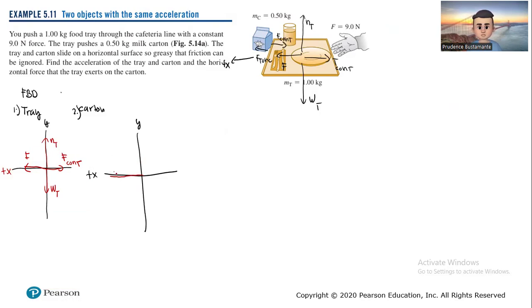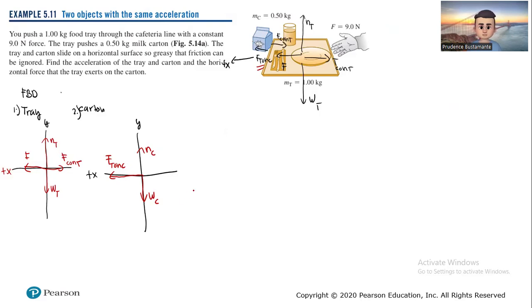You are being pushed by the force of the tray on the carton. You have the normal force of the carton and the weight force of the carton. I guess that's all.